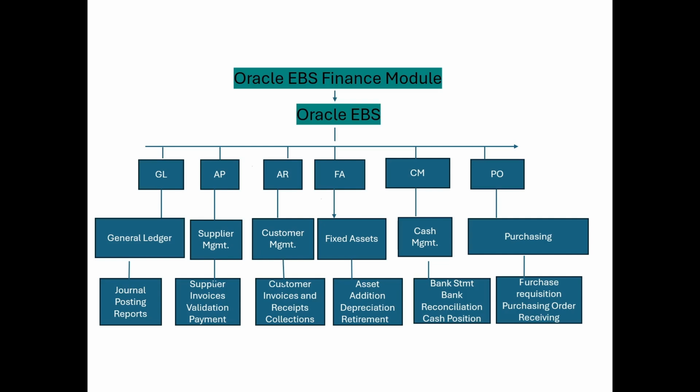So I will give you some examples. When a company pays office rent, employee salaries, or a utility bill, or records sales revenue, those accounting entries are ultimately reflected in the general ledger. GL provides a complete financial picture of the organization.